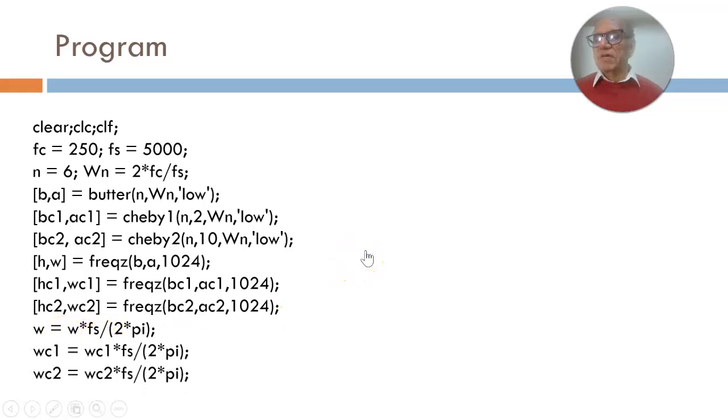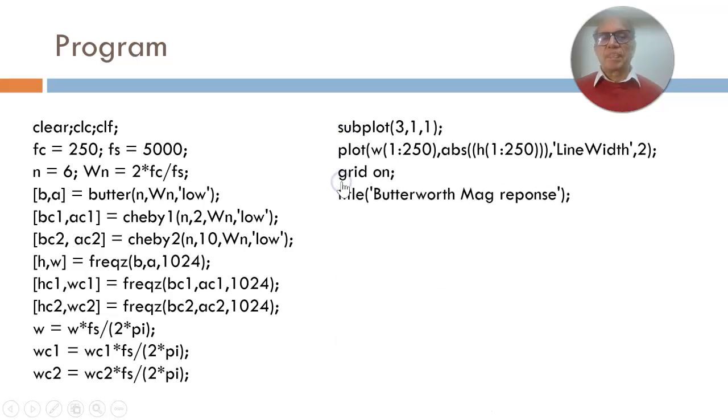Similarly, WC1 and WC2. Now, all these HC1, HC2, etc. are complex, but we plot their absolute values, so we'll get the magnitude response. So that is what we do. So since we are going to make 3 magnitude response plots, we have subplot 311.